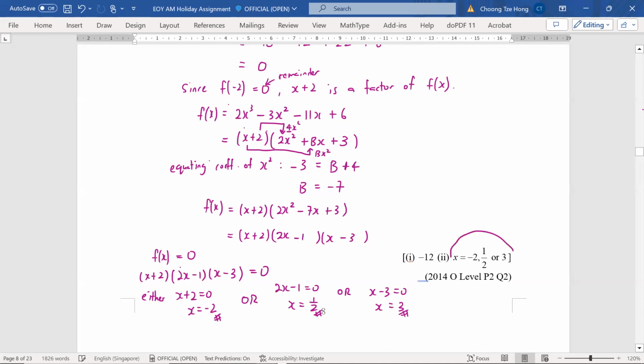So the three answers are over here. This is how you do questions like this. It's a 6-mark question, not too difficult. If it comes out in the O levels that you are sitting for, you should be able to handle it quite easily.